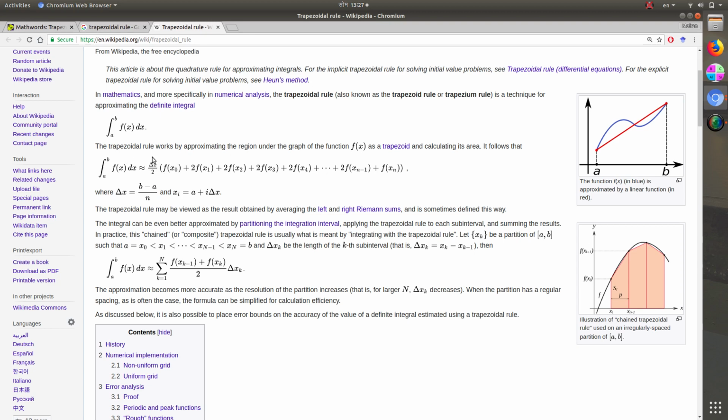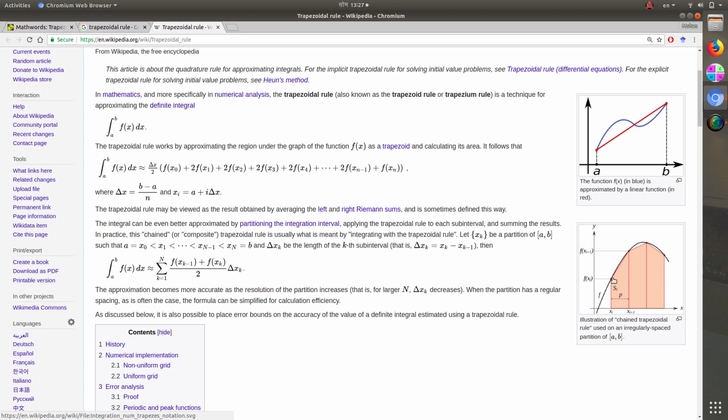The trapezoidal rule is nothing but the integration of f of x dx over the interval a to b, and this is equal to this. First we divide this interval a to b into n subintervals, and within each subinterval we find a trapezoid.